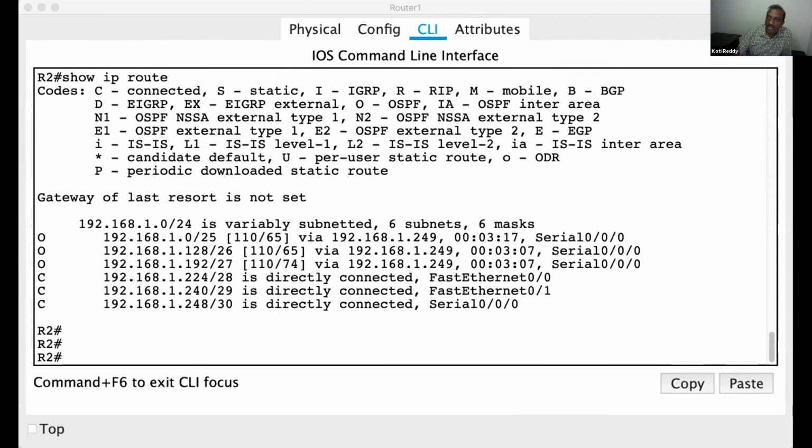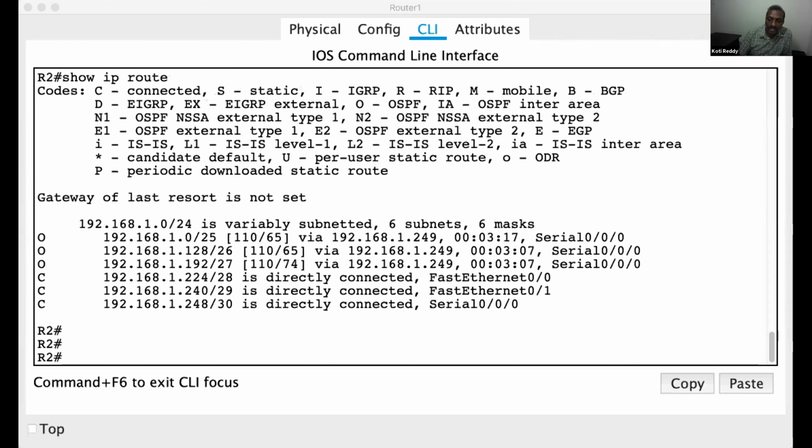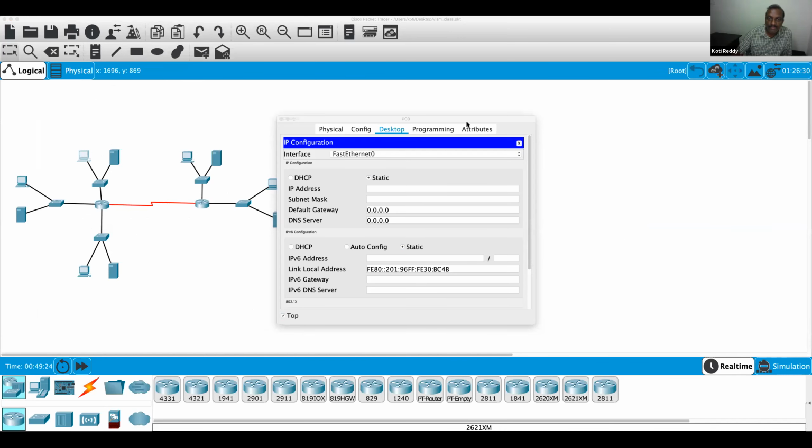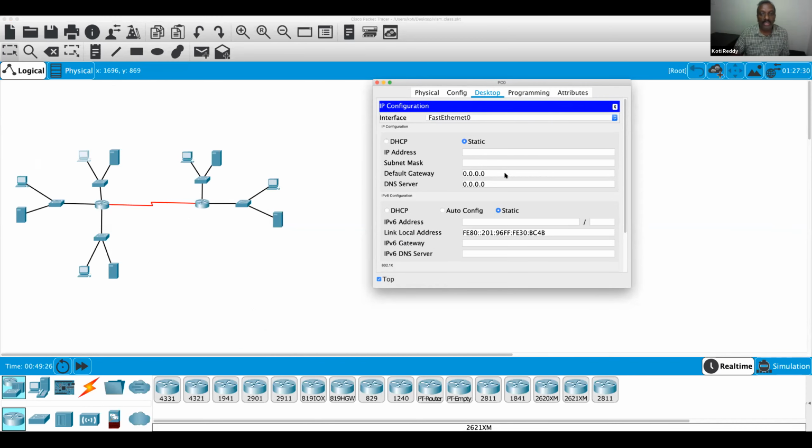Correct? Now let us assign IP addresses to the systems as per the diagram and then test this. So I go to this particular PC here. I need to assign an IP address to the first system in the network, so I should give it 1.10.